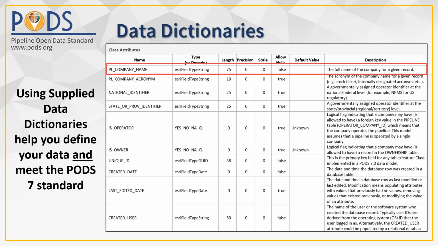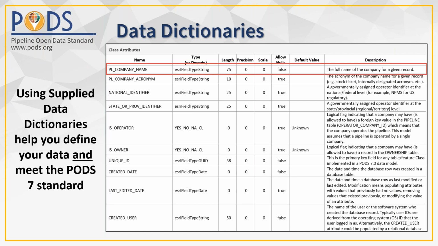It's going to be a string type of field, which is a data type we won't have to get into right now. It can hold up to 75 characters of information. The precision and scale we can skip over for now. It's not important for us to spend time on that.